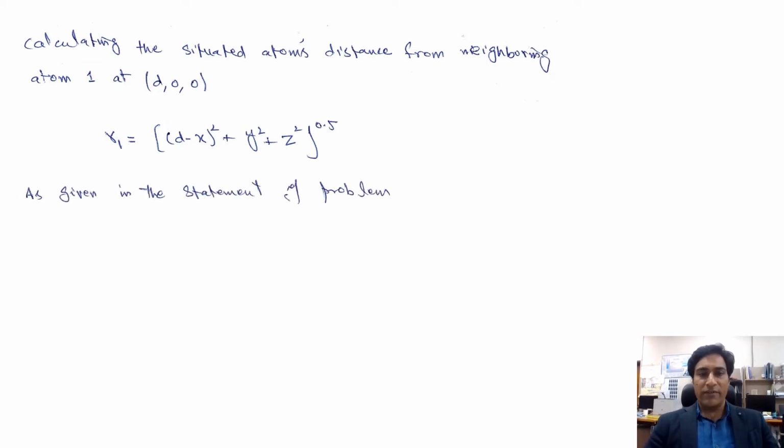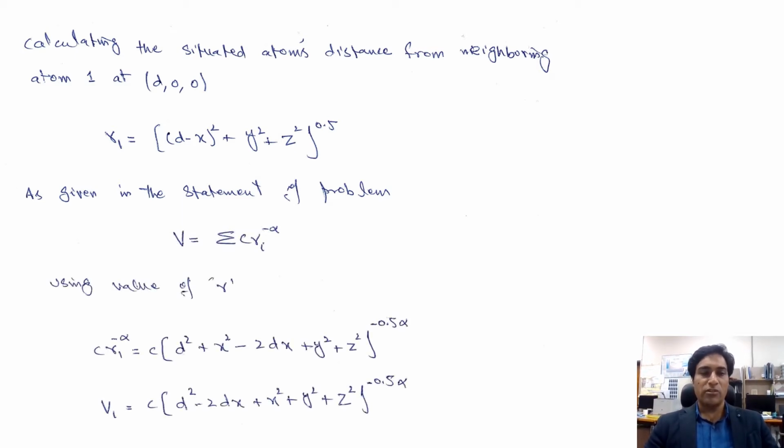As given in the statement of the problem, V is equal to the summation of C r_i to the power minus alpha. Using the value of r in this equation, we get C r1 to the power minus A equals C into (d squared plus x squared minus 2dx, plus y squared plus z squared) to the power minus 0.5 alpha.